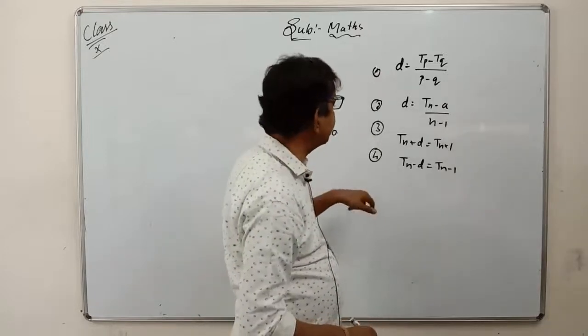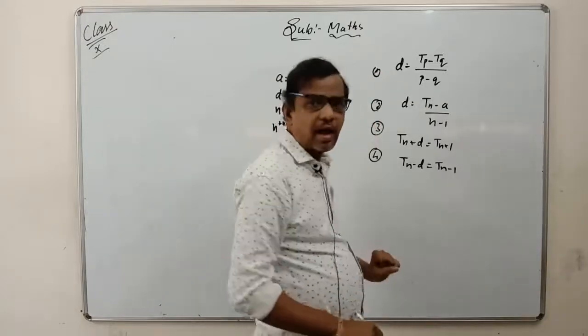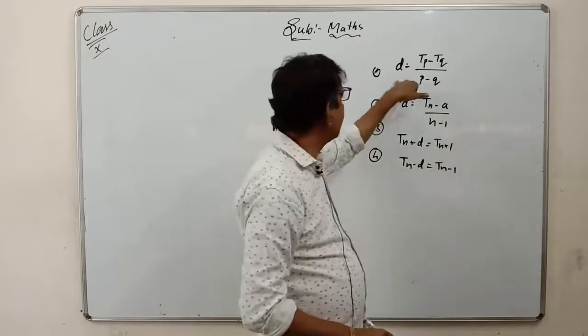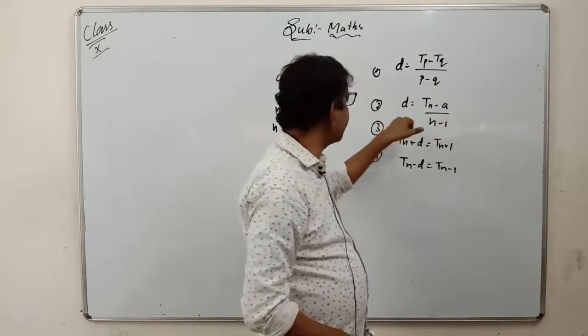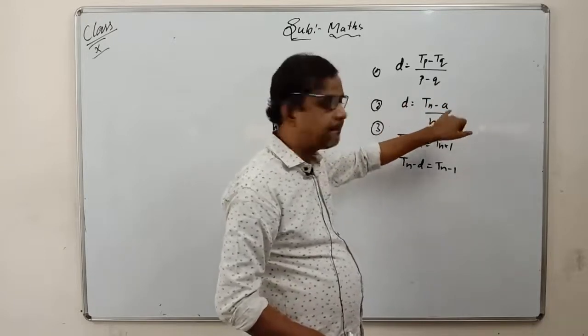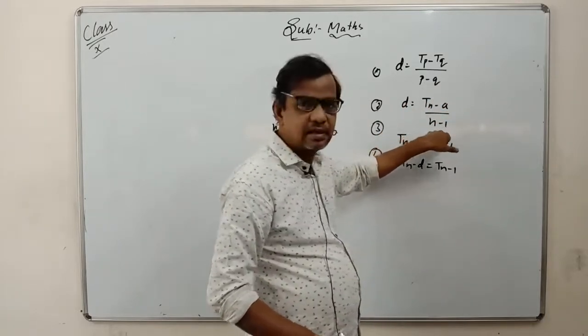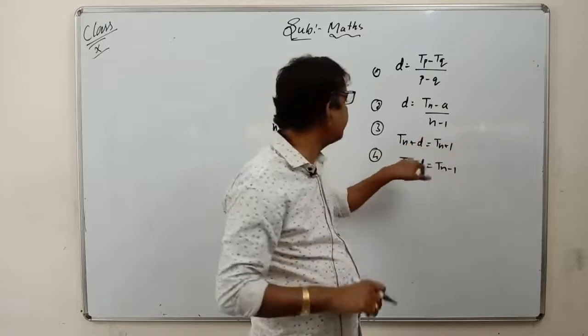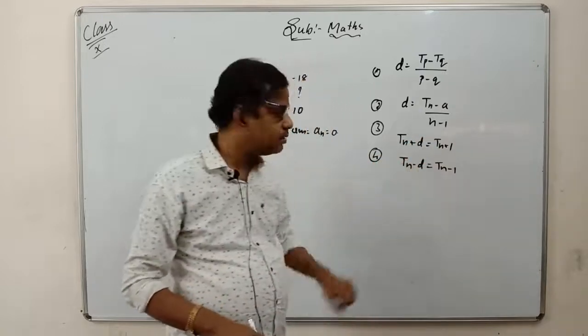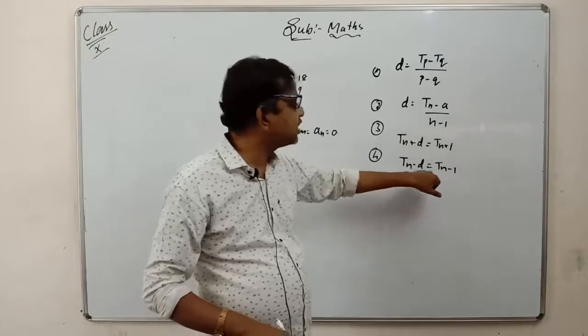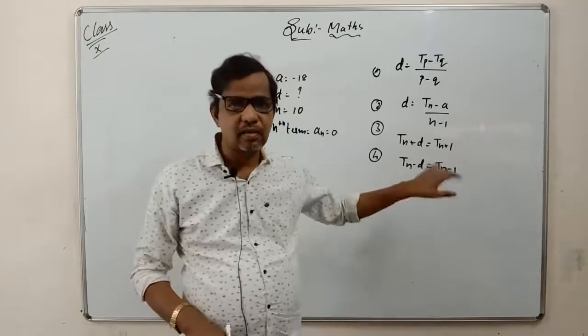The first formula we have here is d equals Tp minus Tq by P minus Q, and the second is d equals Tn minus A by n minus 1. Then Tn plus d equals Tn plus 1, and Tn minus d equals Tn minus 1.